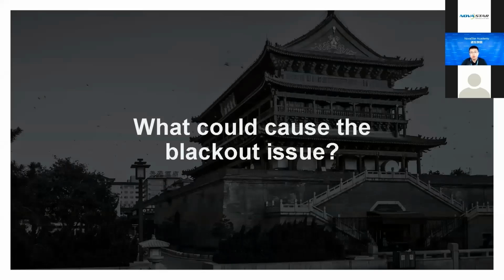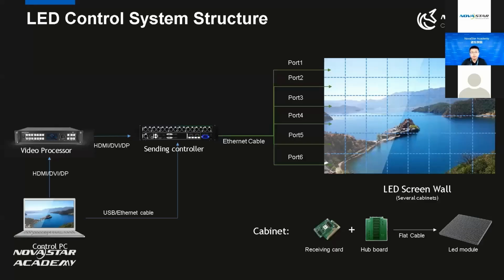So to locate the issue, we should take a look at the control system structure again to try to verify what is the root cause of the blackout issue. So here is a very standard LED control system.